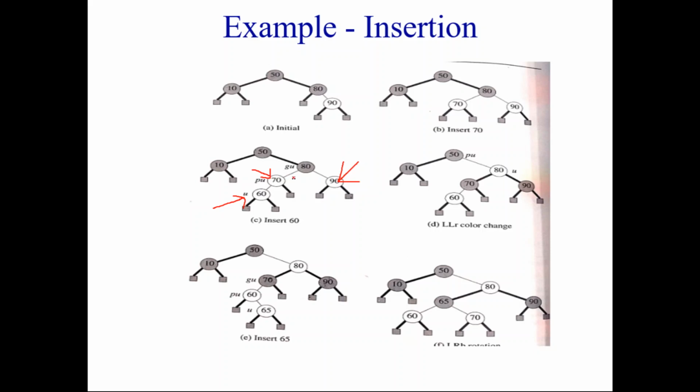Red in color. If it is red in color, then what should you do? You cannot change the color of the new node. You have to change the color of the parent and the sibling. So these two will become black. And also you have to make the color of the grandparent red. But you can make the grandparent red only if it is not a root node.